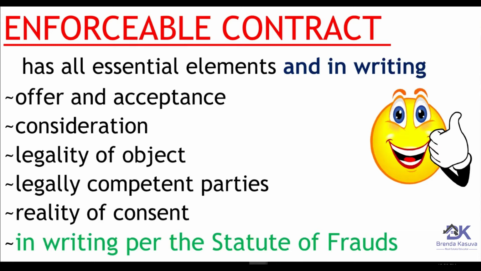The only difference is that an enforceable contract is a valid contract in writing. I can sue you. That's the difference. I can now take you to court and sue you.